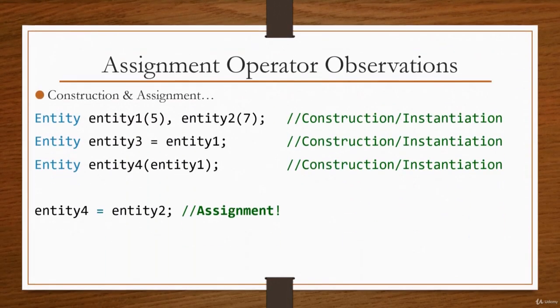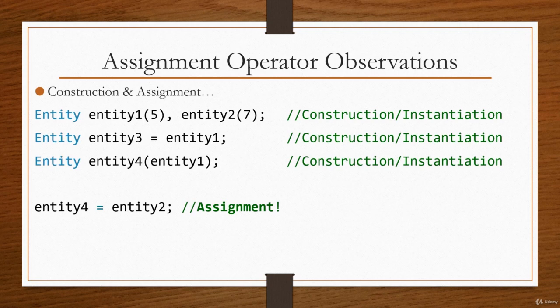Another important note here is the difference between construction and assignment. In the first statement, entity 1 and entity 2, it's fairly obvious that those are constructions, so we are constructing or instantiating new objects. In the second statement, it's maybe less obvious because we use the assignment operator, but actually we'll also use a constructor, in this case the copy constructor.